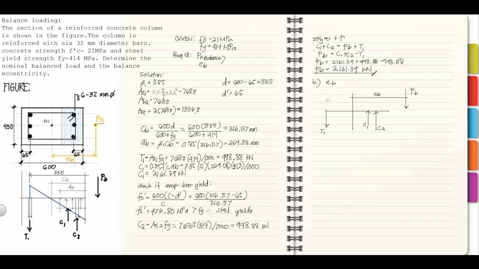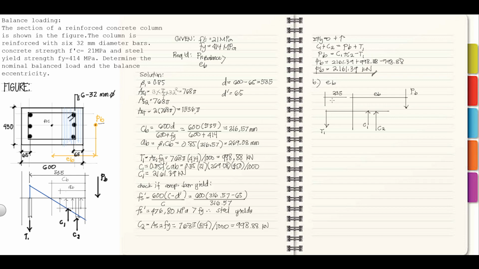Tama ba? And this distance here from the centroid is what? Alam natin na this is 300 minus 65. Tama ba? So 300 minus 65, that is 235.